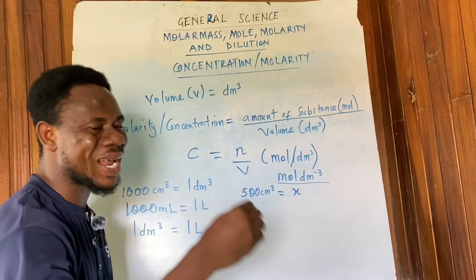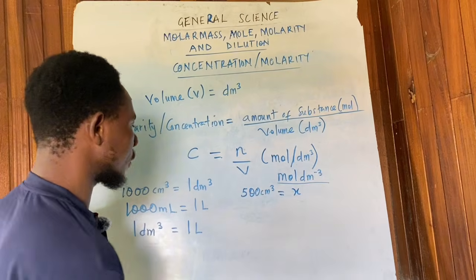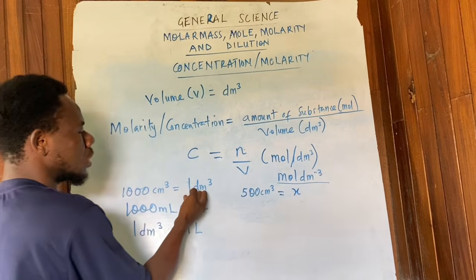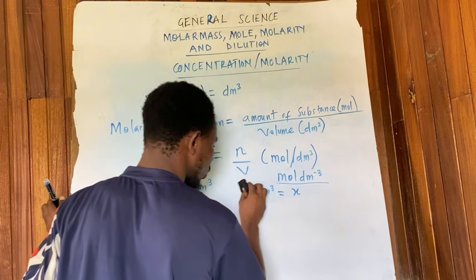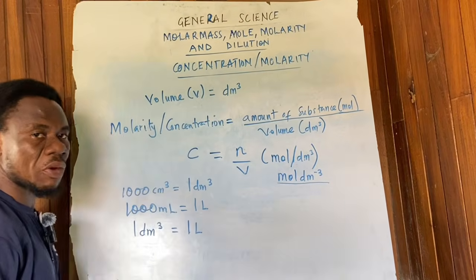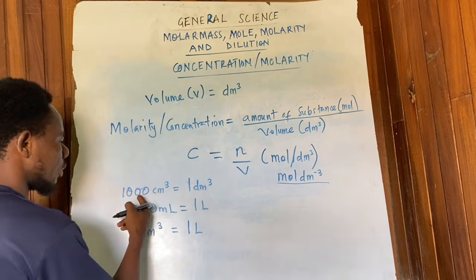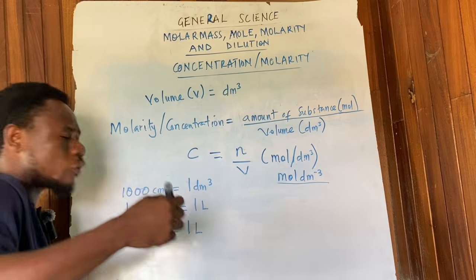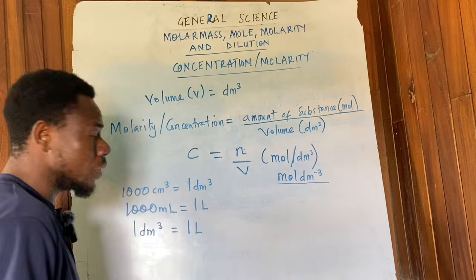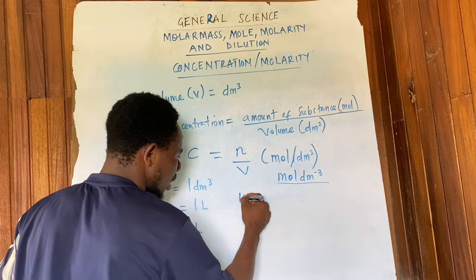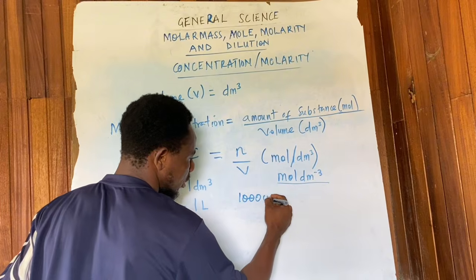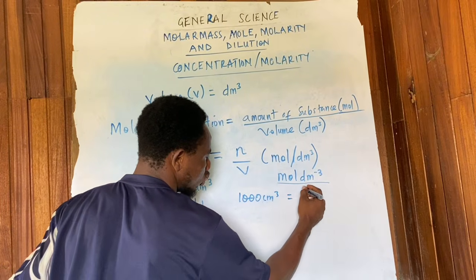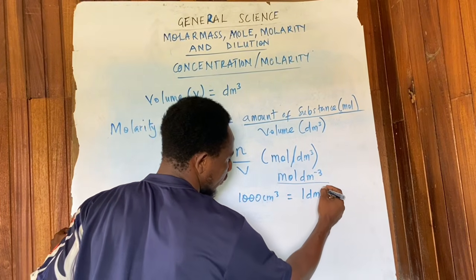First of all, write down the conventional unit. 1000 cm cube is equals to 1 dm cube. So let me clean this one first. It's very simple. Let me write. Now, this means you have to know your conventional unit. So I'll write it down. 1000 cm cube is equals to 1 dm cube.